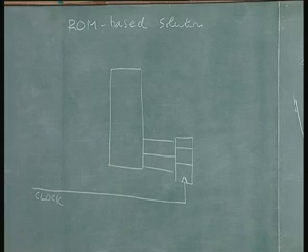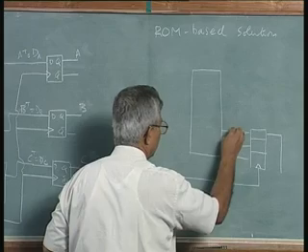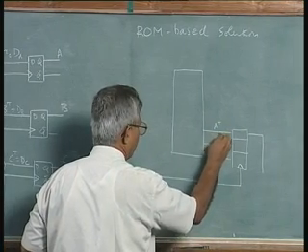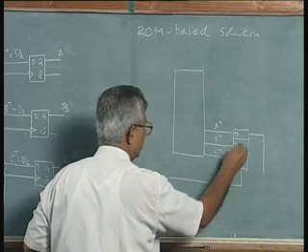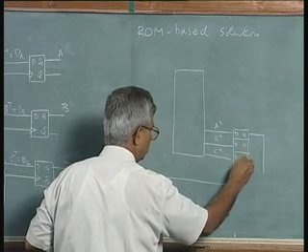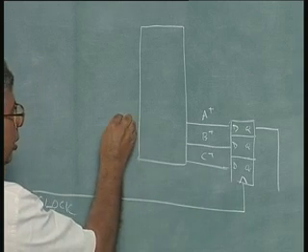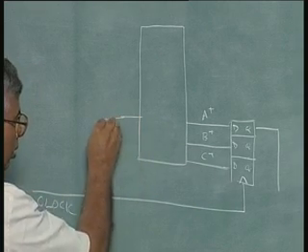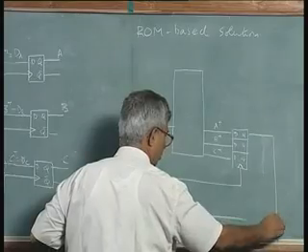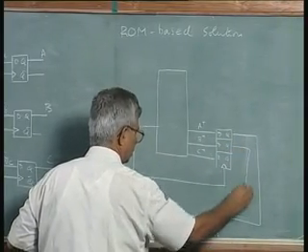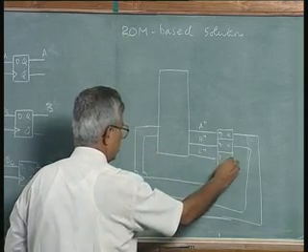Now, the outputs of this are A plus, B plus, C plus, going to the D inputs of the flip flops, with Q outputs A, B and C. Clock is common to all the 3 flip flops.